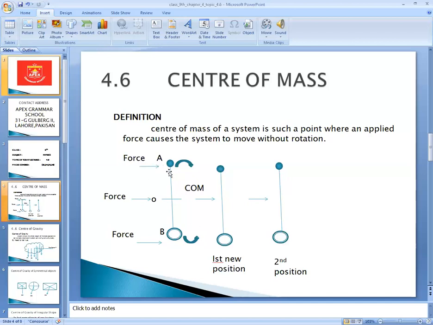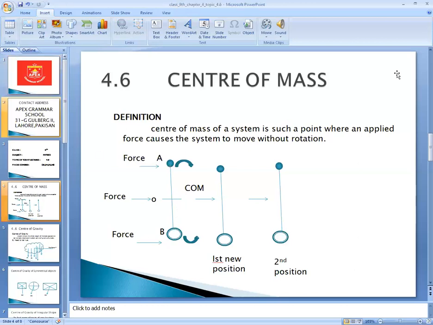If I apply the force here, the body will again rotate clockwise. If I apply the force near the point B, then the body will rotate anti-clockwise. So body will rotate either clockwise or anti-clockwise.